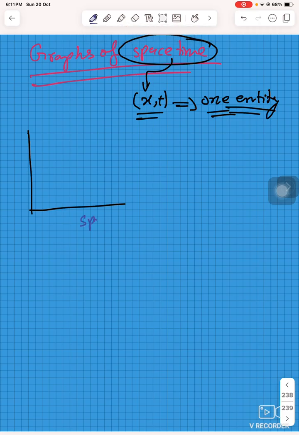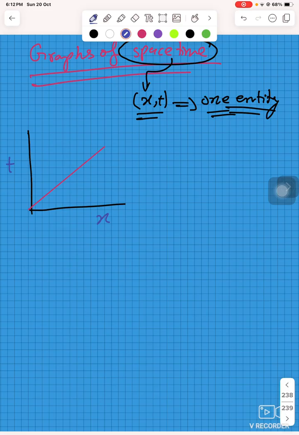Let's suppose this is space-time, or let me suppose this is x, this is t. Here we'll not draw any increasing or decreasing or weird curves. We'll only go for constant lines.